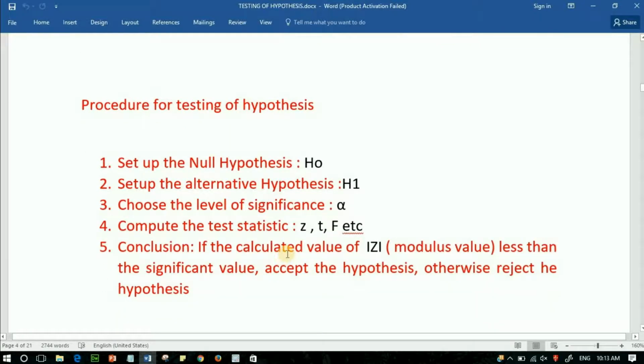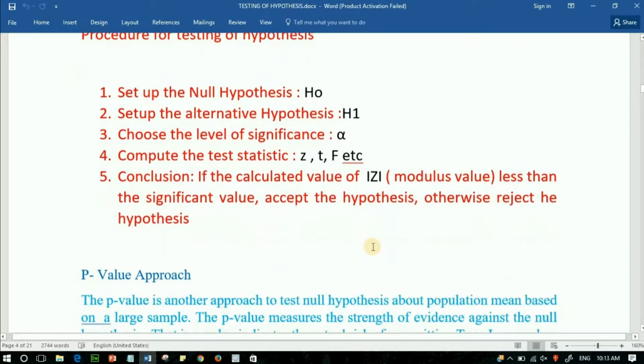With the calculated value of modulus Z, we always take the absolute value. Absolute value means whether positive or negative, we always take it as positive. If the calculated modulus value of Z is less than the significant value, we accept the hypothesis. And if it is more than the tabled value, we reject the hypothesis. These are the procedure for testing of hypothesis.